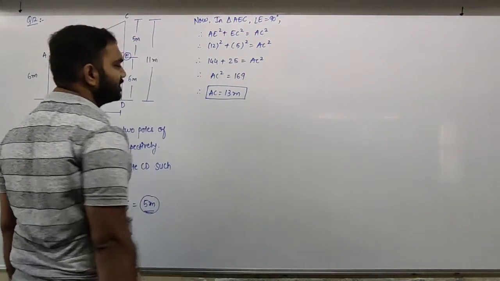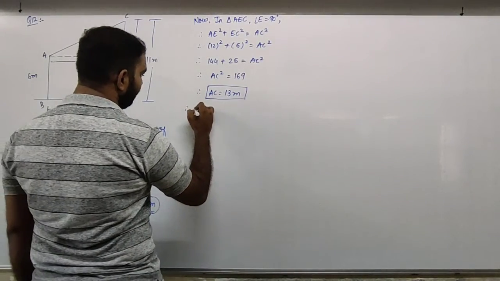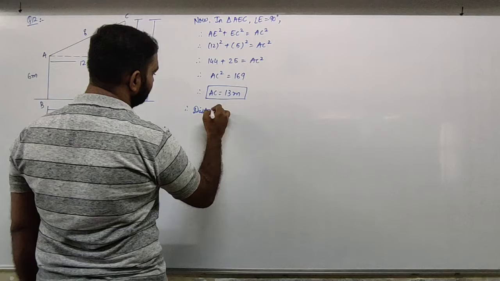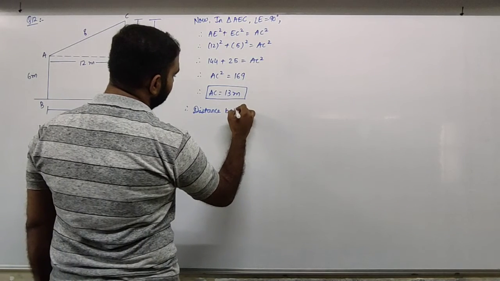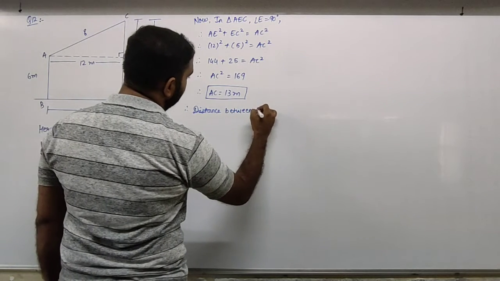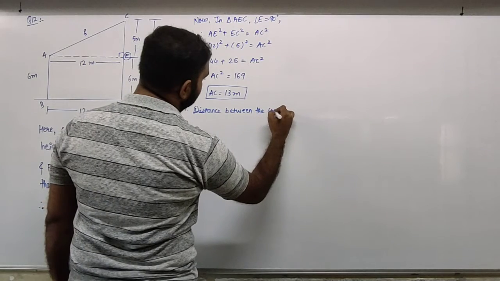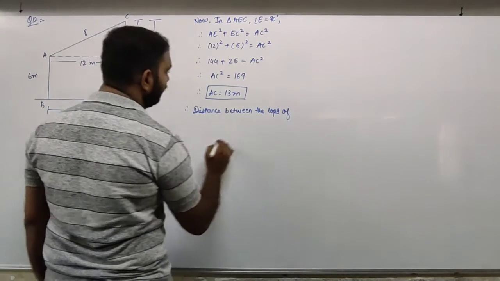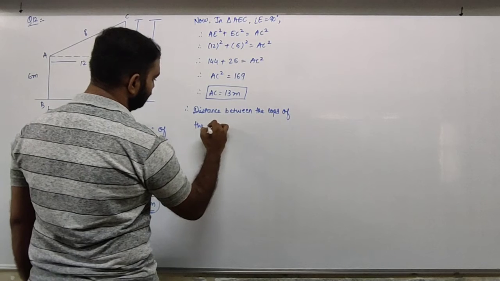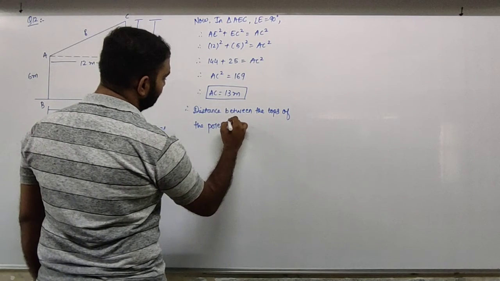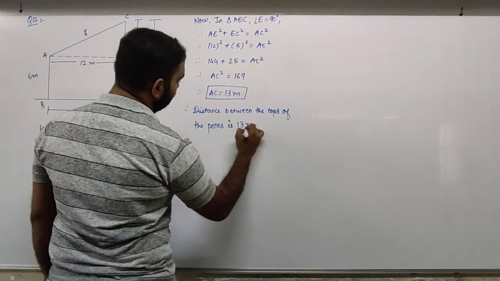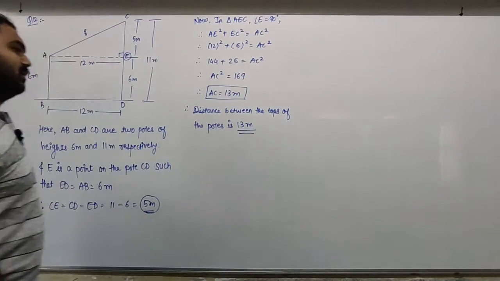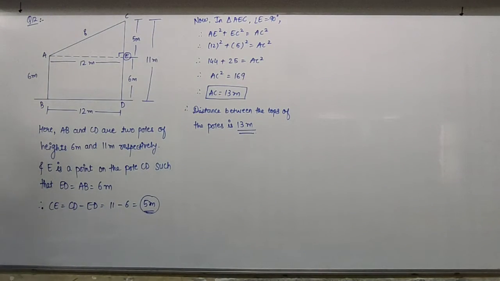Square root of 169 is 13. Therefore, distance between the tops of the poles is 13 meter. Right? Distance between the tops of the poles is 13 meter. Right? So this is given.